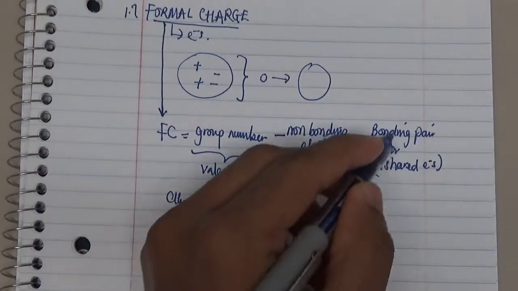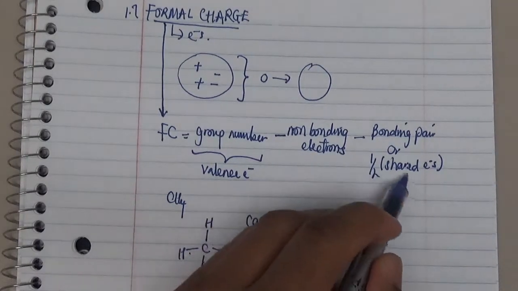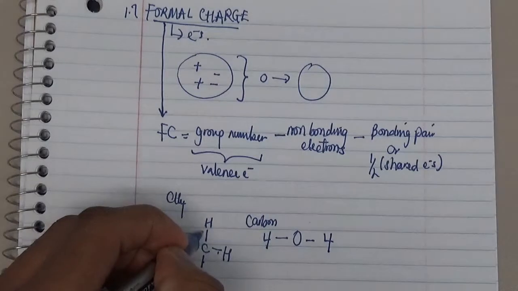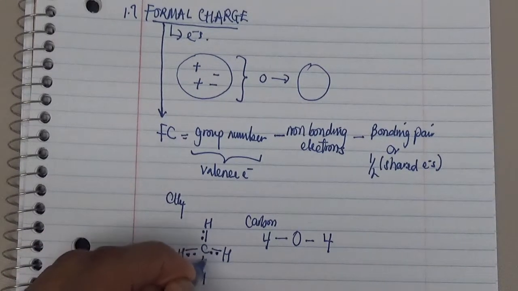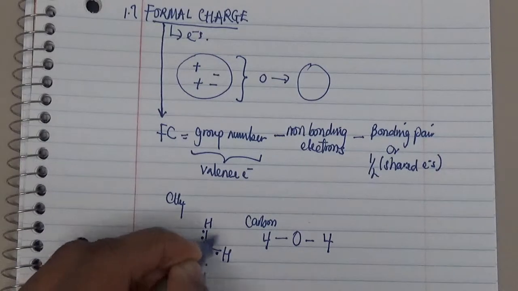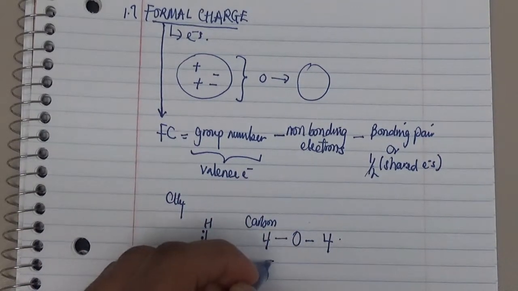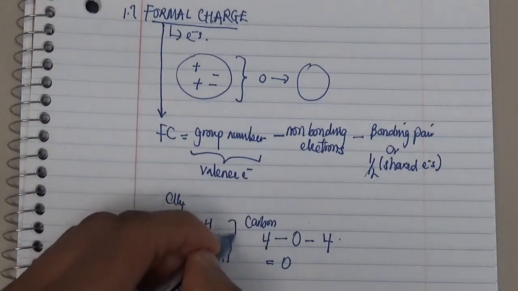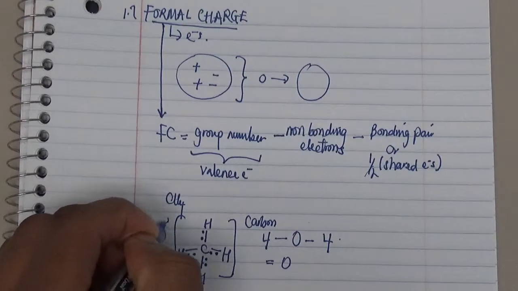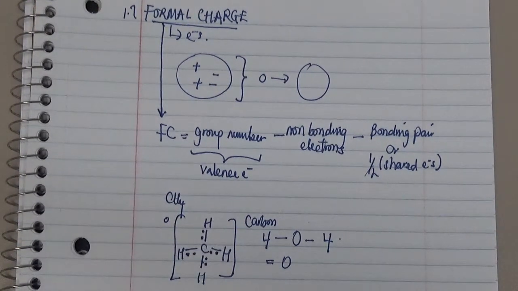Then we look at the number of bonding pairs. Here we have 1, 2, 3, 4, which is 4. Or if you say shared electrons, we have 1, 2, 3, 4, 5, 6, 7, 8. 8 divided by 2 gives you 4. 4 minus 4 equals 0. So carbon here has a 0 formal charge.